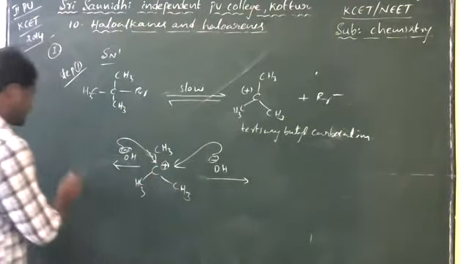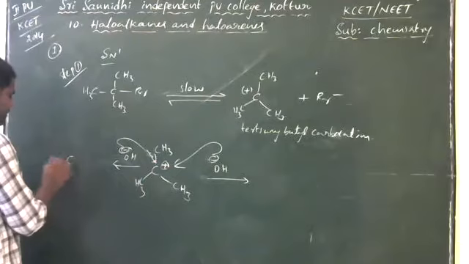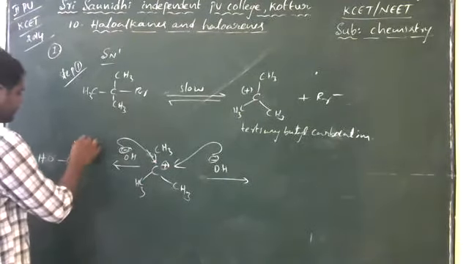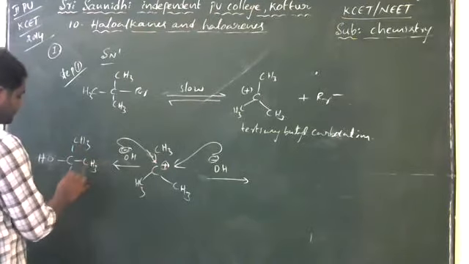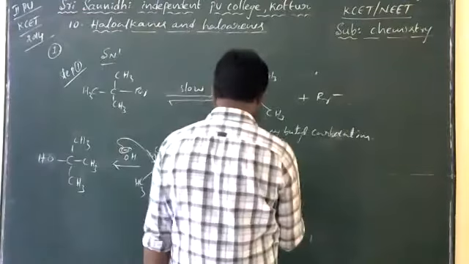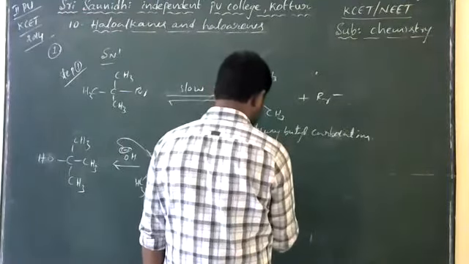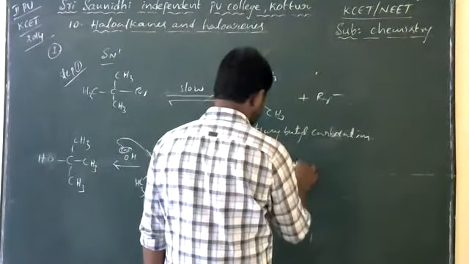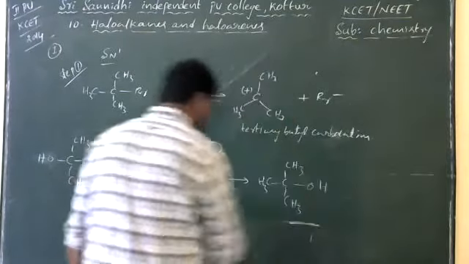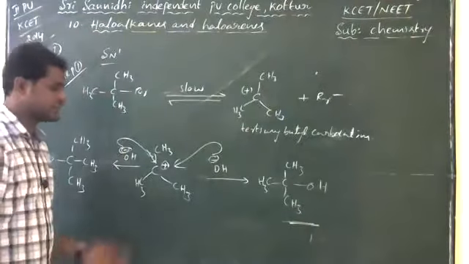Then the OH minus nucleophile attacks here and forms this compound. The OH minus nucleophile can also attack like this, forming CH3, CH3, and the product is formed here. Both products are tertiary butyl alcohol.